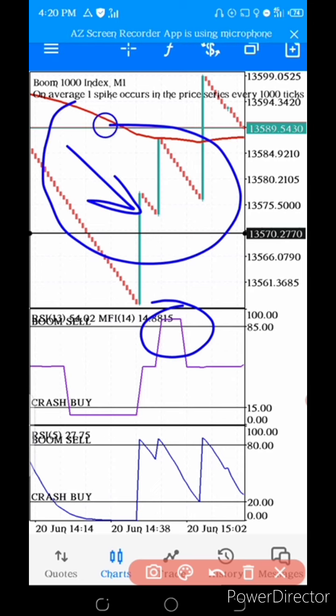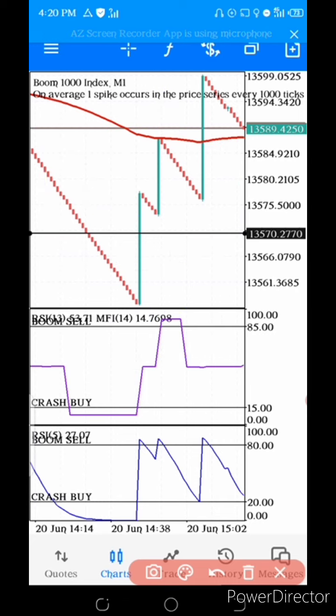So while the candles are below the exponential moving average, we want the MFI to touch the 85 level. Once it touches the 85 level, you are going to check for your second confirmation: the RSI should also touch the 80 level.